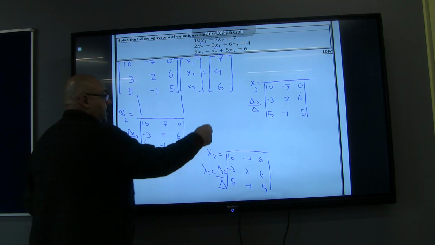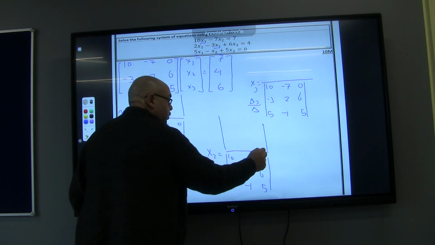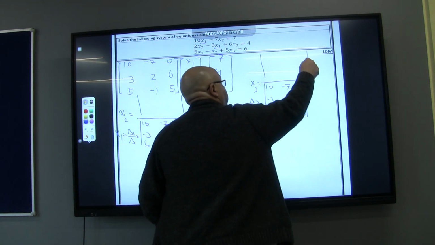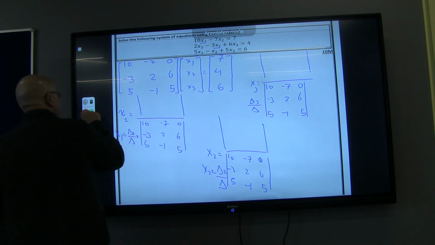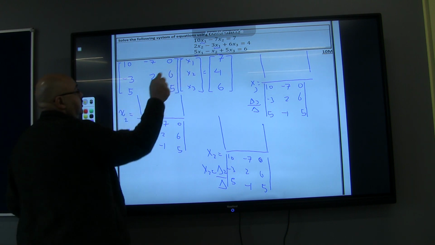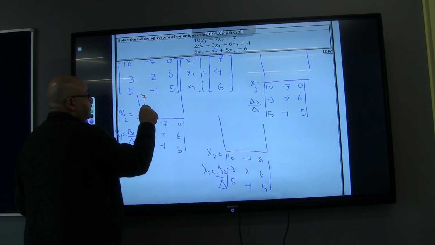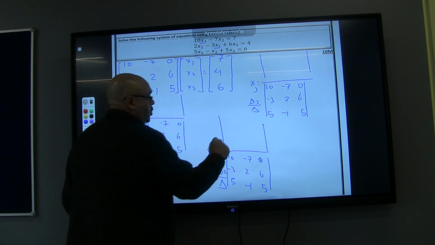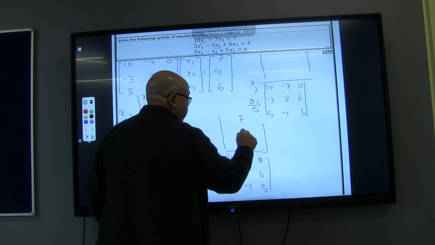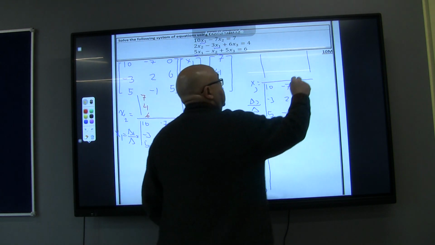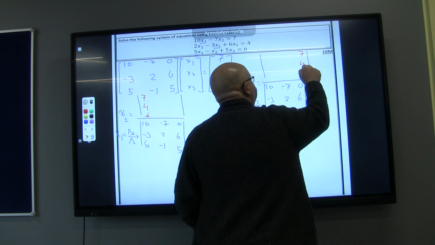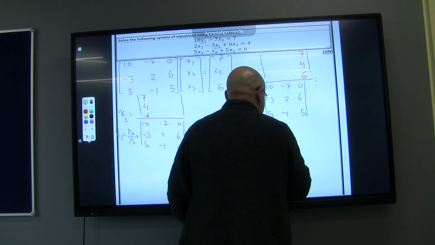I will start writing the right values for the determinants. I will start by taking 7, 4, and 6. Also here 7, 4, and 6, and also 7, 4, and 6, and we are done.